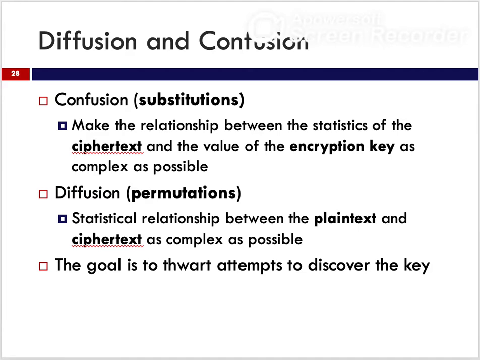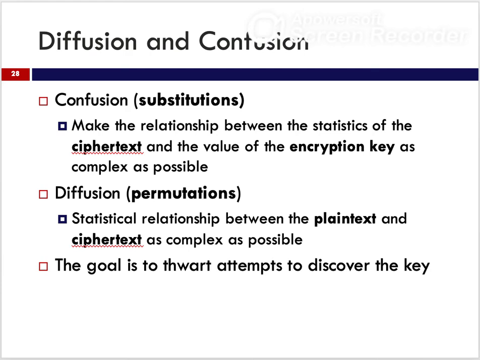Block ciphers need to satisfy two properties. One is confusion, and the other one is diffusion. Confusion is achieved by applying the substitution operation, and diffusion is achieved by applying the permutation operation. What is the confusion property? The confusion property is to make the relationship between ciphertext and key as complex as possible.